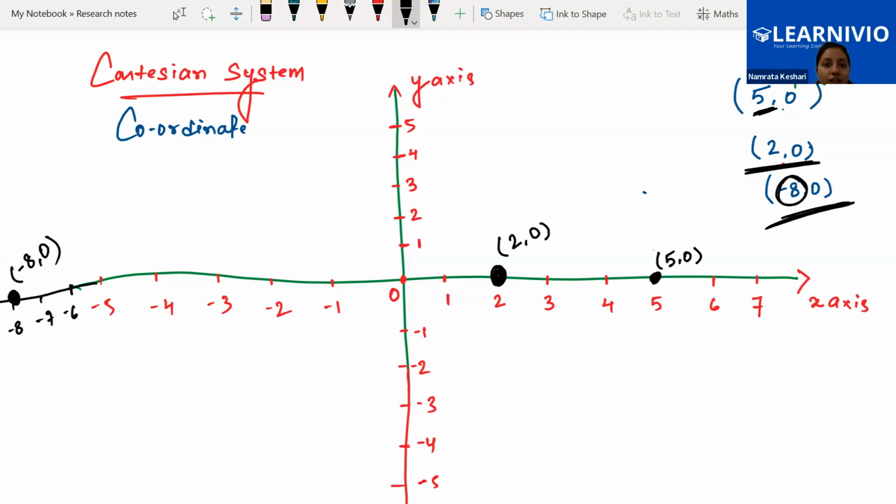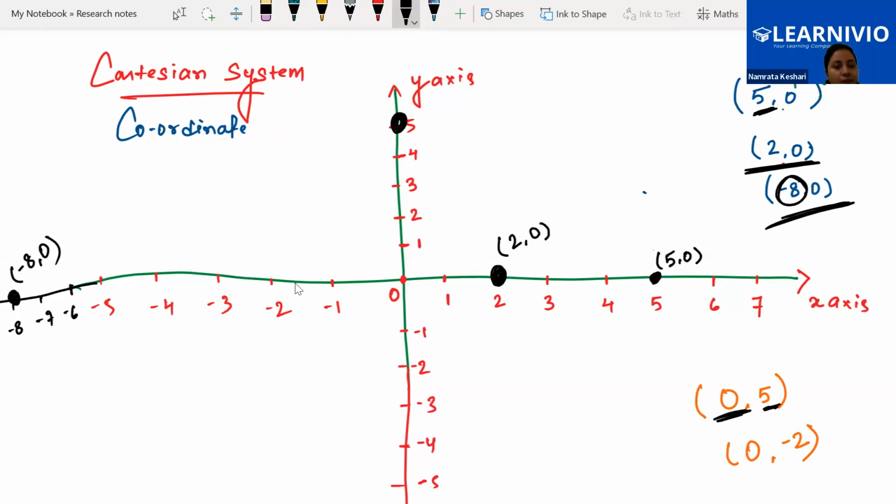Similarly, if we are having a point like 0, 5 or maybe 0, minus 2. Here, for 0, 5, x is 0. Can you see? X is 0 and y is 5. Where exactly is y 5? Y is 5 over here. Can you see the cursor?